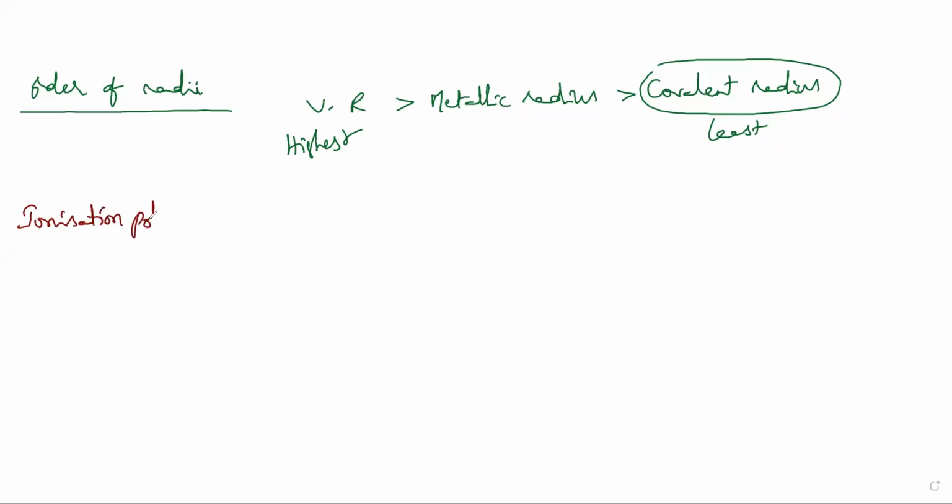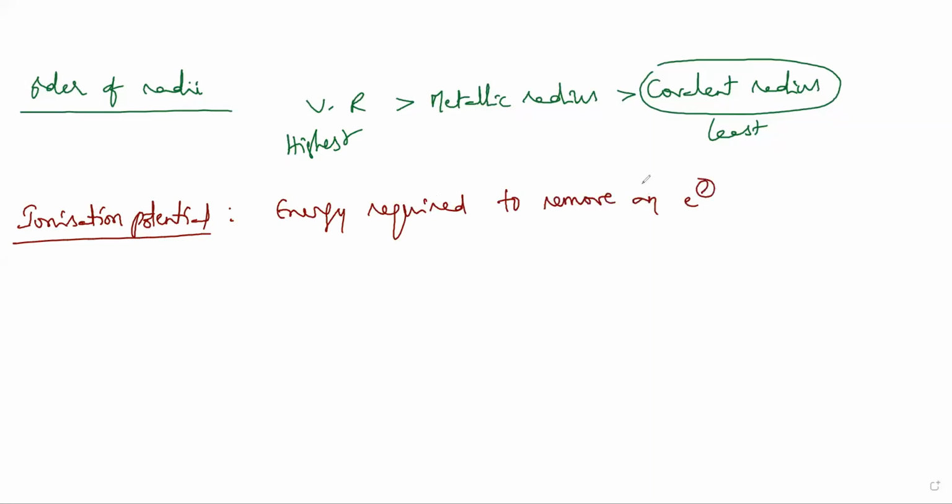What is ionization potential? Energy required to remove an electron, that is what we call ionization potential. Suppose you have a gaseous element M, then the energy required to remove one electron gives M plus gaseous plus an electron.